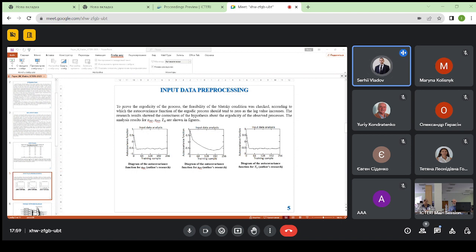Diagrams of the dependence of the change in these values on the number of epochs of network training are shown in the bottom figure. As can be seen from this figure, the accuracy indicator approaches 1 and the loss indicator tends to 0, which indicates the high accuracy of the model and its minimal error.